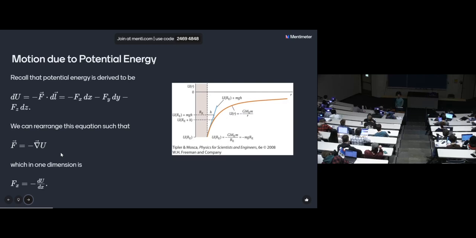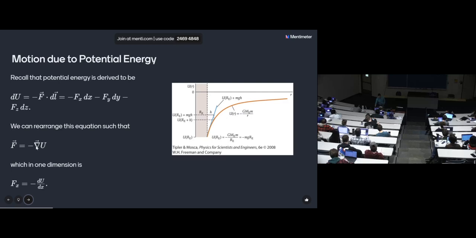The only thing that that fancy upside down triangle does is say, okay, if we're talking about a change in the x direction, we have to take the derivative with respect to the x direction, and that change also points in the x direction. In the y direction, you take the derivative with respect to y, and it points in the y direction, j hat. In z, take the derivative with respect to z and point it in k hat.